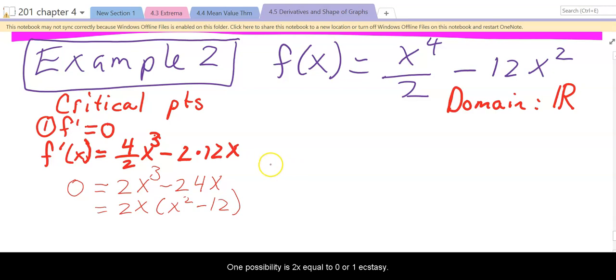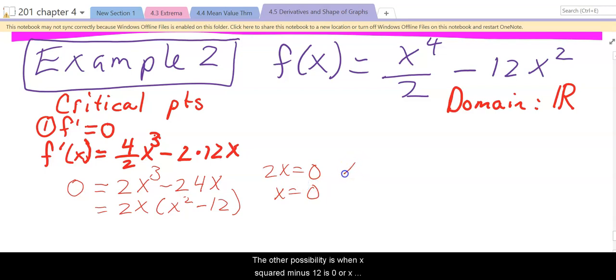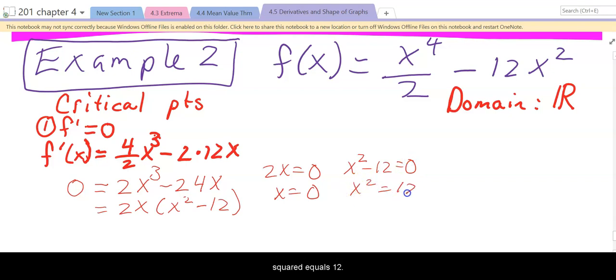One possibility is 2x equal to 0 or when x is 0. The other possibility is when x squared minus 12 is 0, or x squared equals 12, or x is plus or minus the square root of 12. Writing 12 as 3 times 4, the square root of 4 is 2, so I get plus or minus 2 square roots of 3 from algebra.